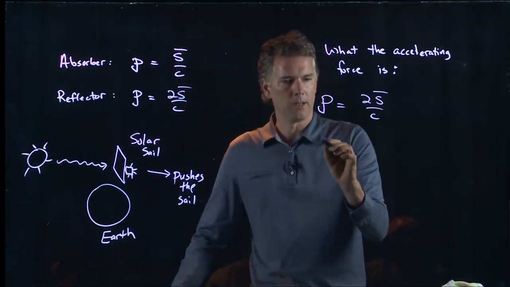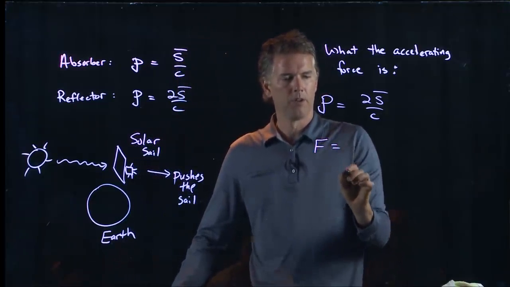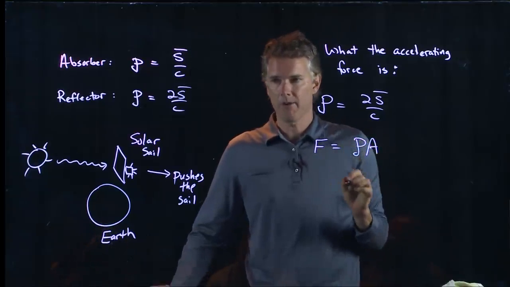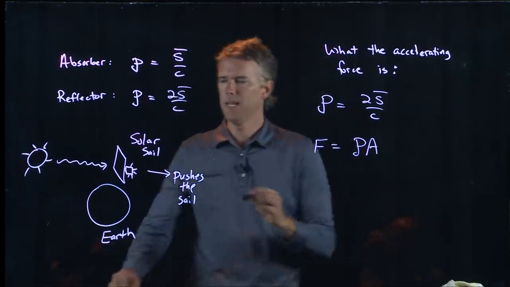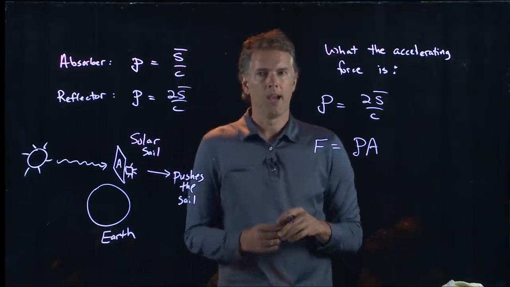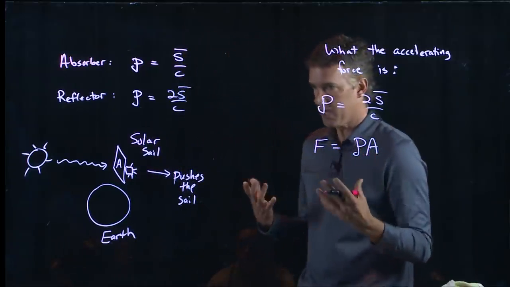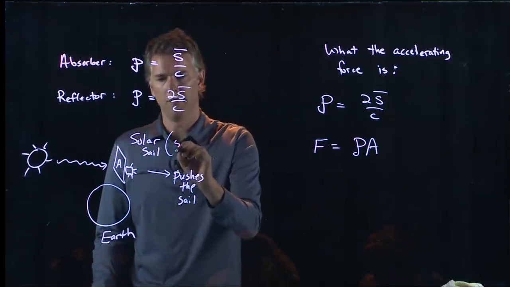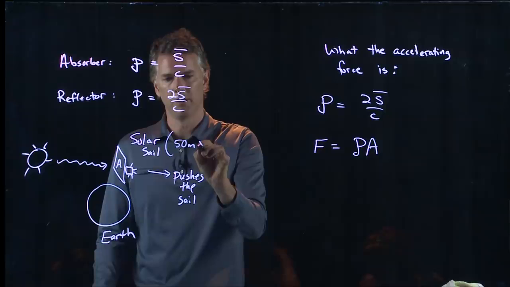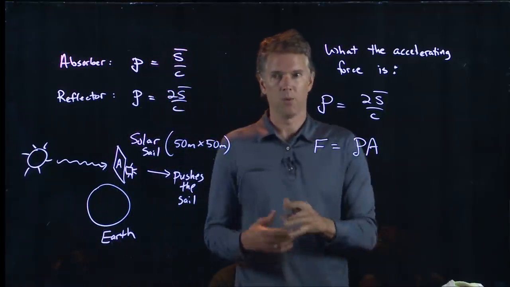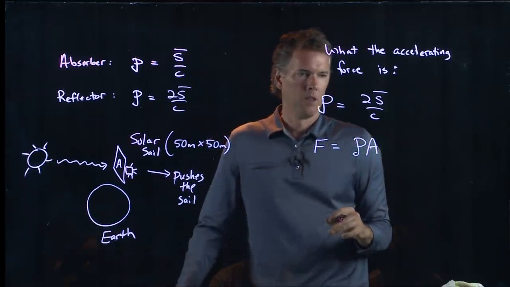If I want to calculate the force, force is just pressure times area. And so I need to know the area of this solar sail. And they actually make these things big, right? These solar sails can be 50 meters by 50 meters. And you want a big sail.